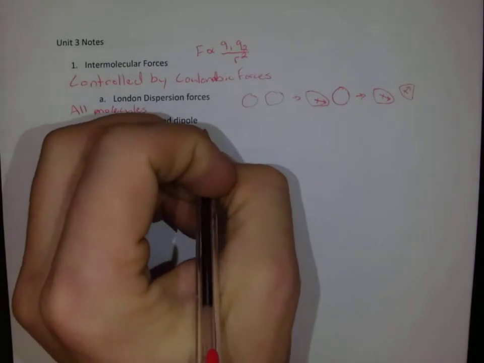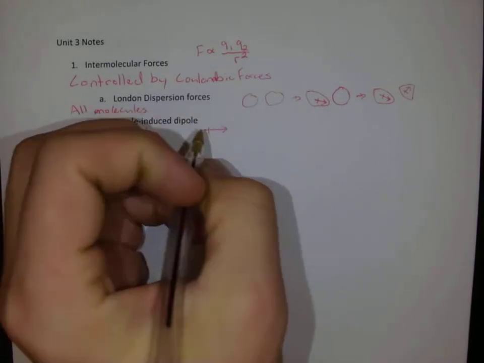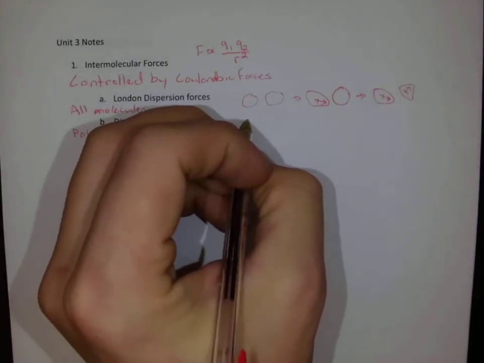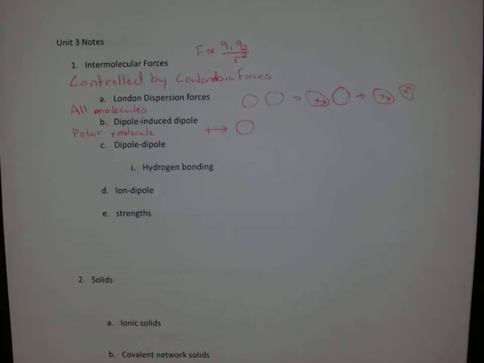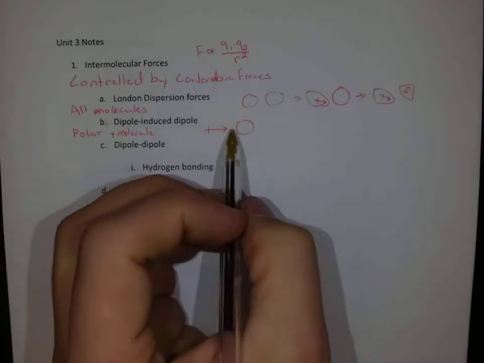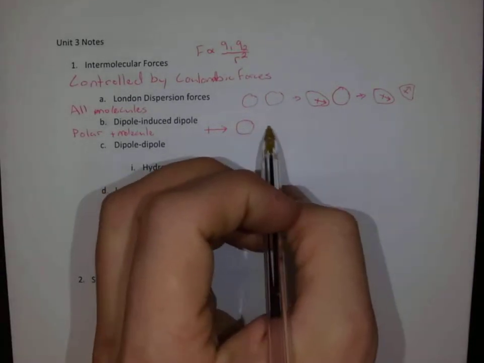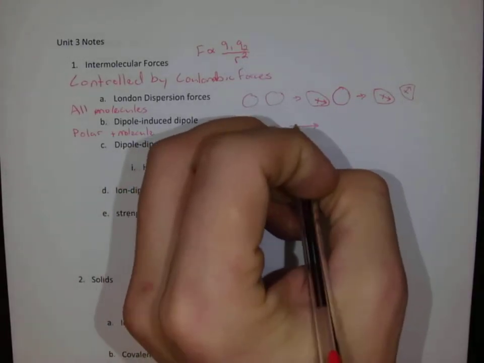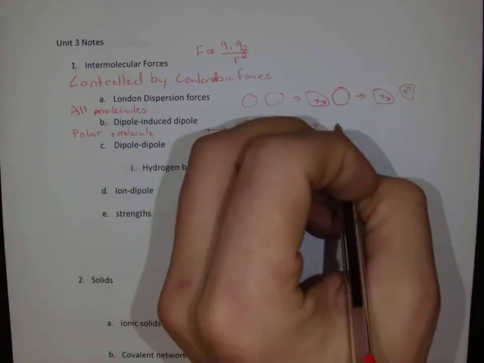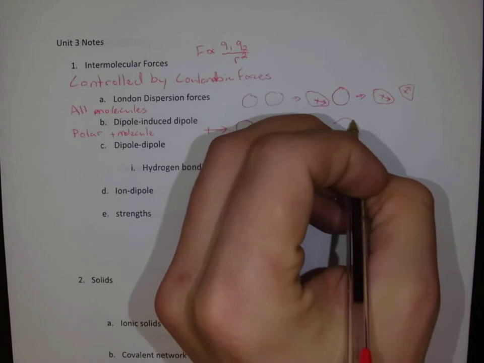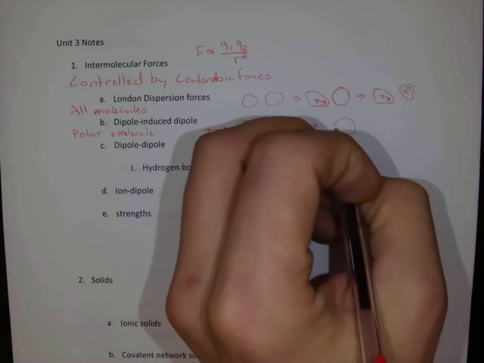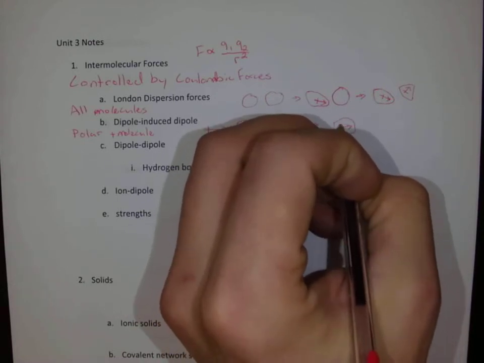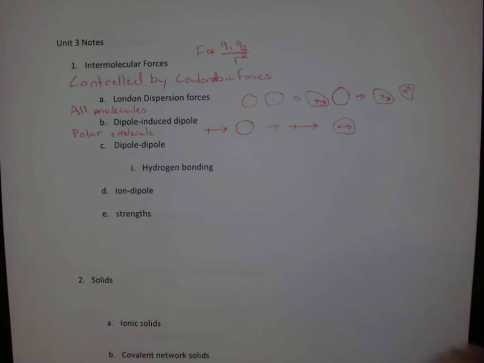So again, say maybe we have a dipole that points this way, and it comes and interacts with a nonpolar molecule. If it interacts with that nonpolar molecule, we're going to change it here. We still have that dipole of one molecule, but now maybe some of the electrons are kind of pointed over this way. So now we have a smaller dipole on this second molecule, okay?